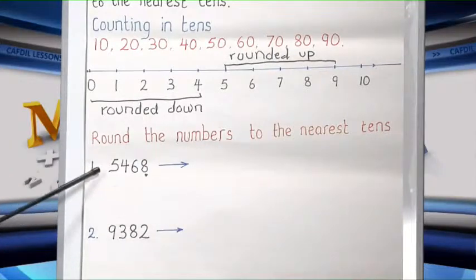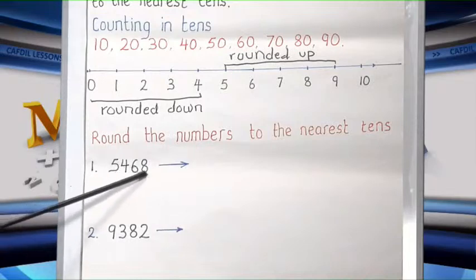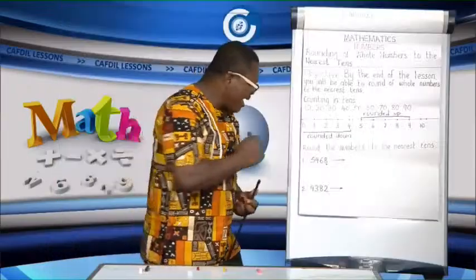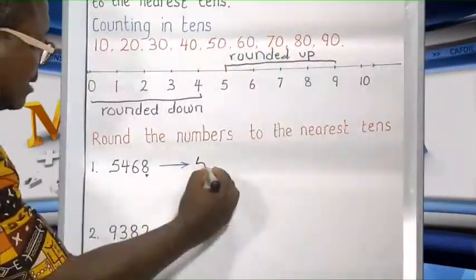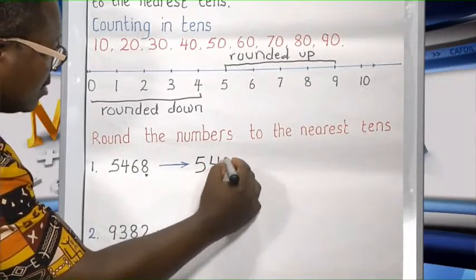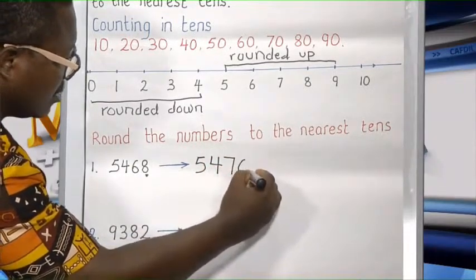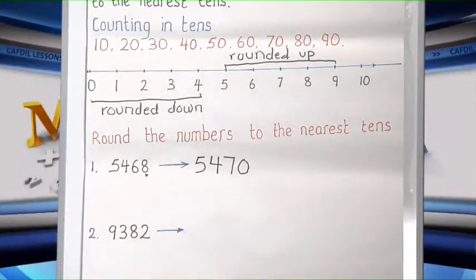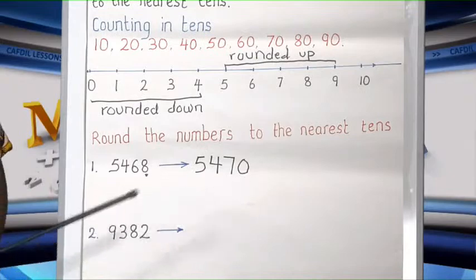So in rounding off this figure, 5,468, we can now write it as 5,470.